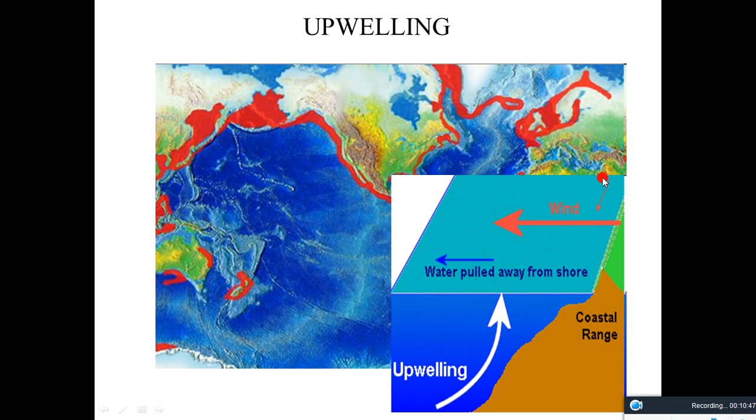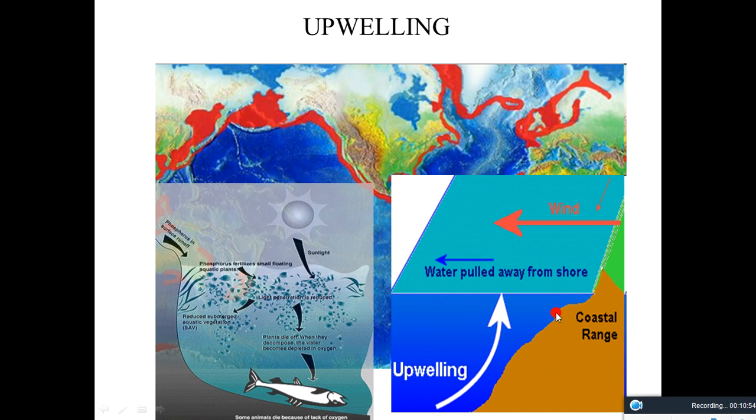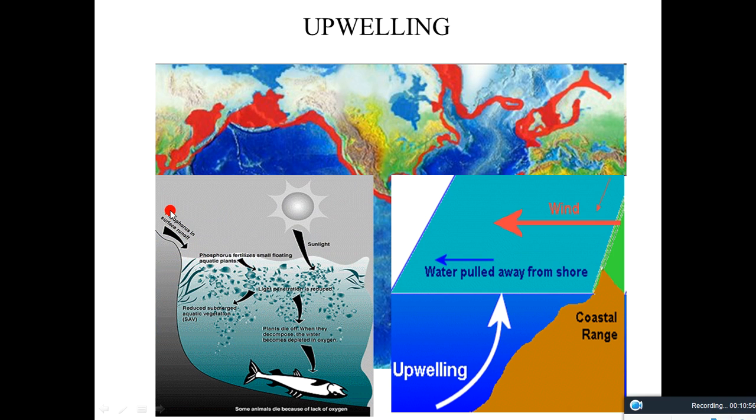As I already told you, wind pulls away the water from the shore. This causes upwelling, nutrient rich water comes here, and along with this phosphorus sediments come with the runoff from the rivers. Phosphorus fertilizers may come along with floating aquatic plants. Sunlight is there, light penetrates, and plants also die sometimes, and this creates an area where reducing conditions are developed.